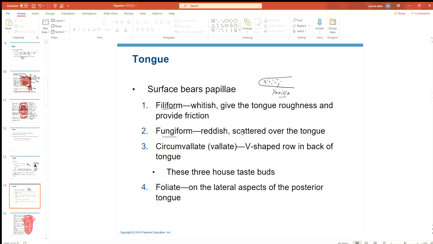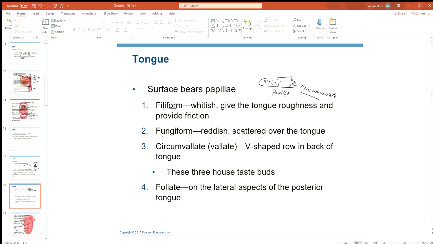Then in the dorsal or back part of the tongue, you have larger papilla, and they form a V-shaped structure, so these taste papillae are called circumvallate. Circumvallate papilla.